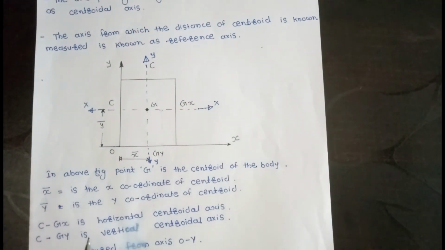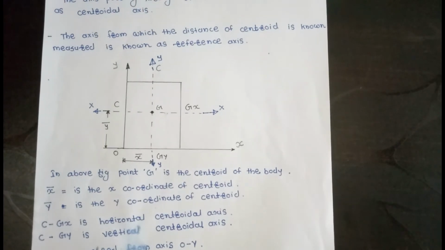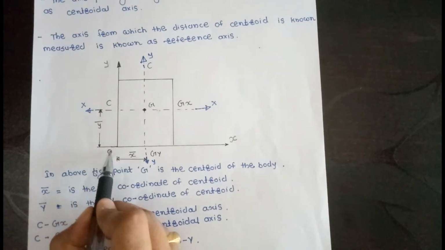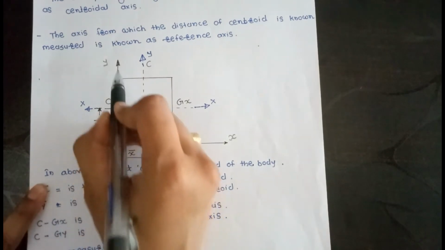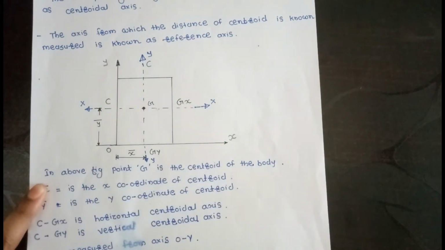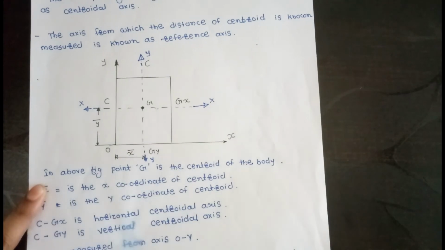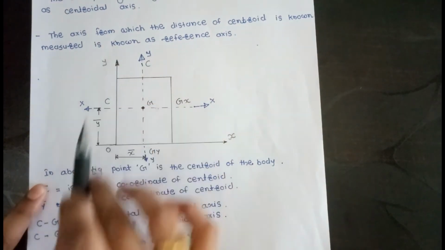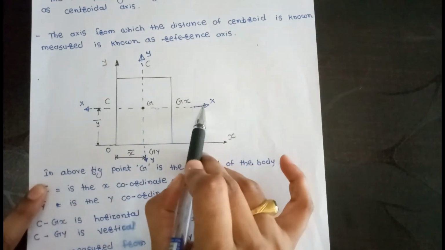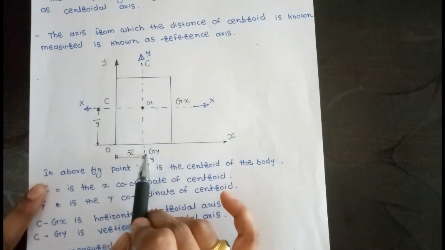Means reference axes are OX and OY. OX and OY are the reference axes. CGX and CGY are the centroidal axes.